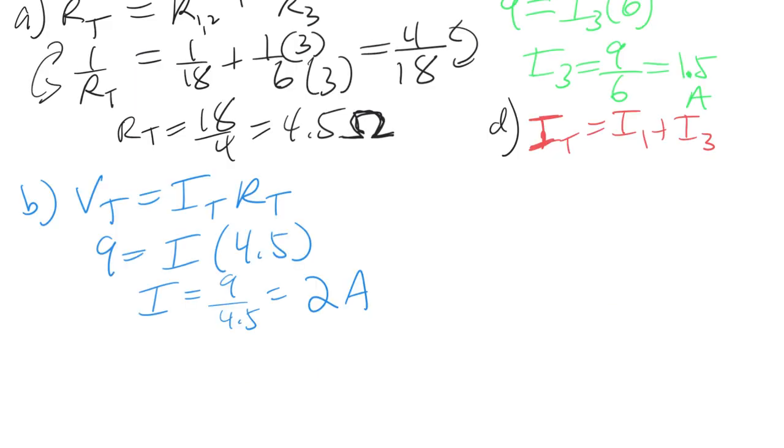So IT is 2. I1 is what I'm looking for. And we just found I3 up here is 1.5. So I1 is equal to 0.5 amps.